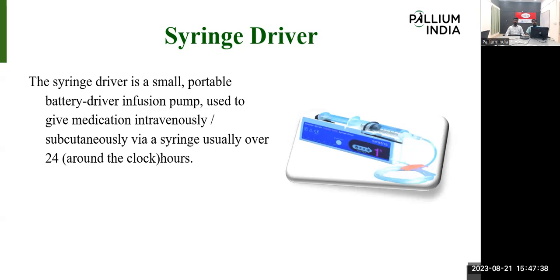If the patient is able, they can mobilize and continue their daily living activities by themselves along with this management. That's why we promote this type of syringe driver in our setting.